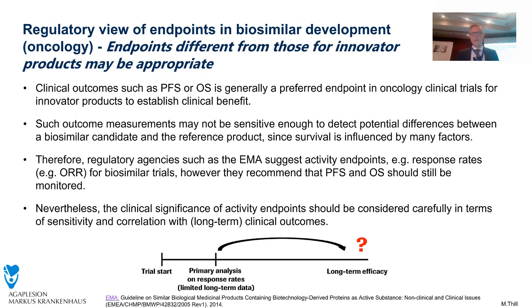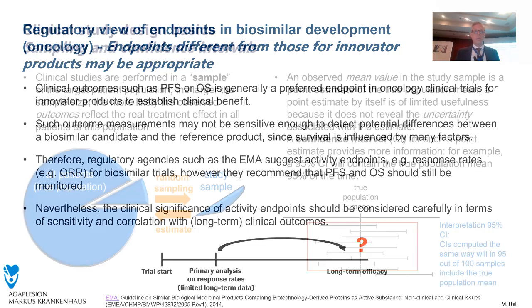So therefore, they don't recommend survival endpoints as sensitive endpoints. And this is a discussion that is intensively done in Germany at the moment, because we know about the dilemma I told you between response and clinical survival outcome in the end.